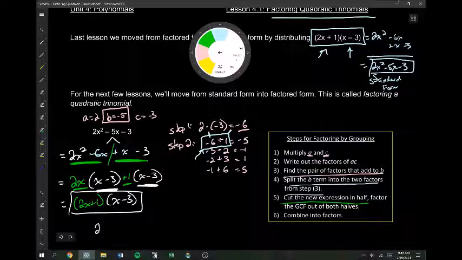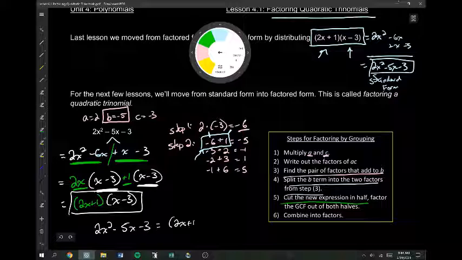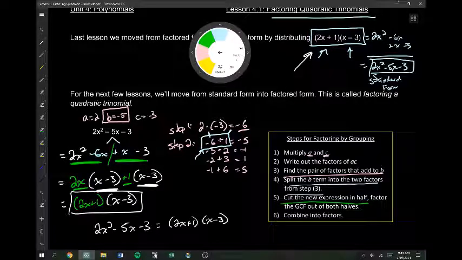It turns out that 2x squared minus 5x minus 3 can factor into 2x plus 1 times x minus 3. We already knew that, like we'd already done this problem. But that's the process you can follow to factor. Now again, it feels like a lot, but it turns out multiplying a and c, writing out the factors, and finding the pair that add to b is going to become a very simple and fast process.